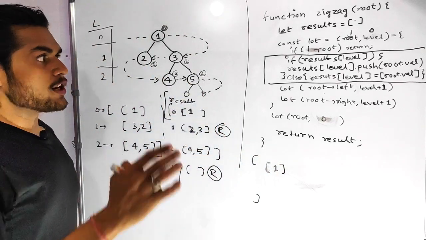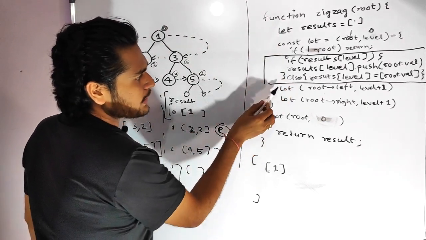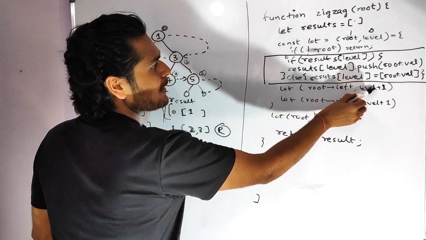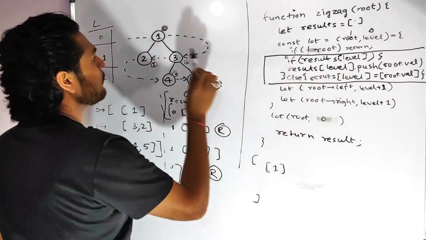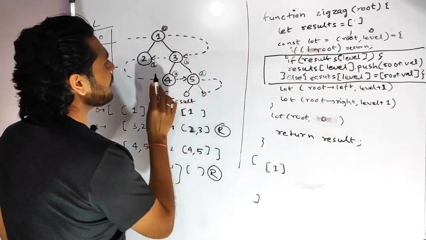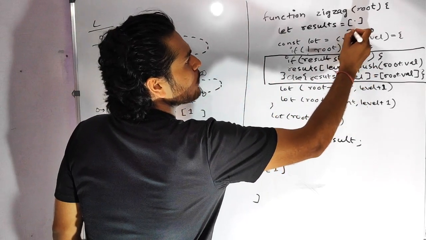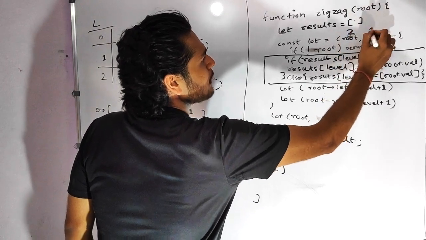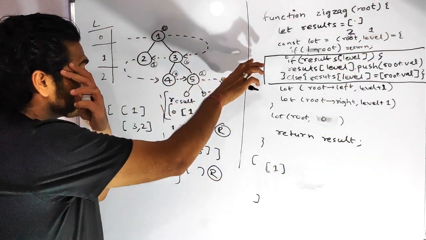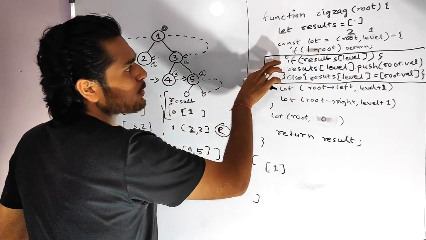Make sense? So now when we go to the if case, it goes to root.left with level plus 1. Now root.left is 2 and level plus 1 is 1, so this will go to 2 and this will go to 1. Again it goes to this condition, not of root return. The root exists, so we go to if condition.